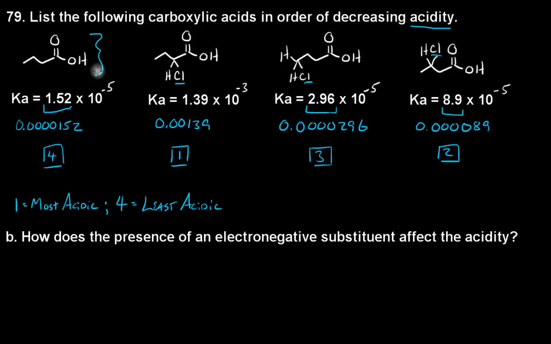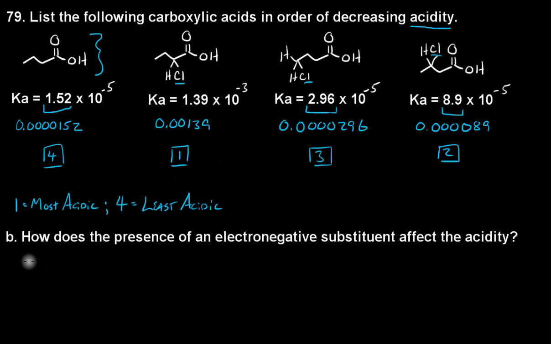Okay, so what you'll notice is that overall, when you start tacking on chlorines, either here, here, or here, the acidity is going to start going up. This guy without a chlorine is the least acidic. When you start tacking on chlorines, you get a little bit more acidic, a little bit more acidic, and the most acidic.